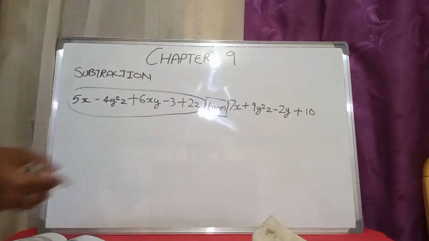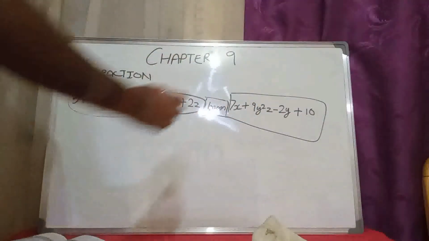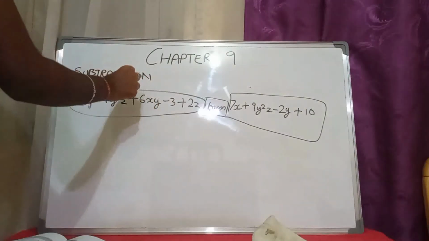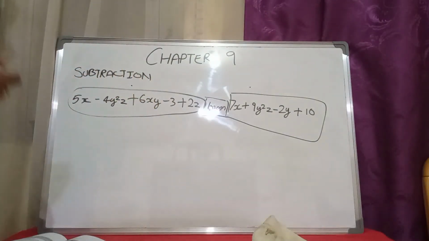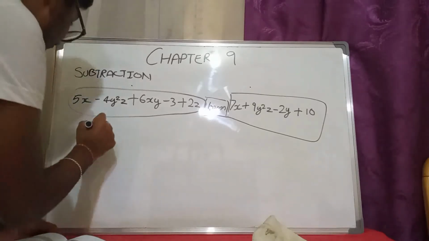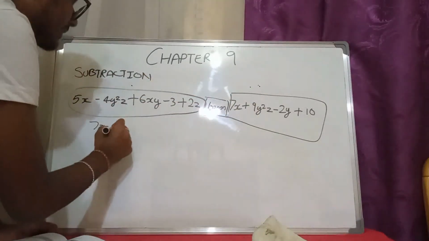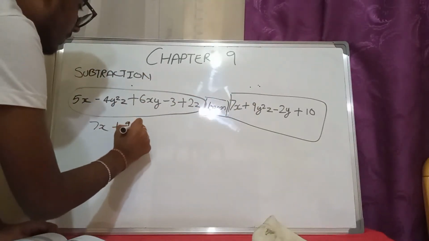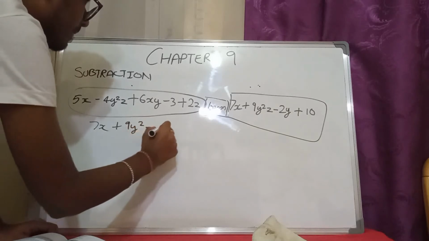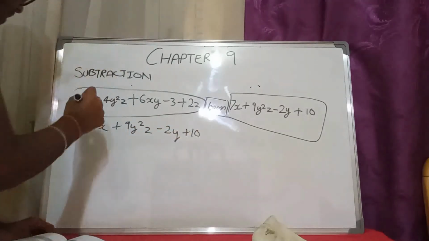From means this is the first term, so we have to write this first and we will write this then. In addition, if you change the order, it doesn't matter, but in subtraction it matters. So for that, we have to write this first, this term: 7x plus 9y squared z minus 2y plus 10. Then we will write this one.